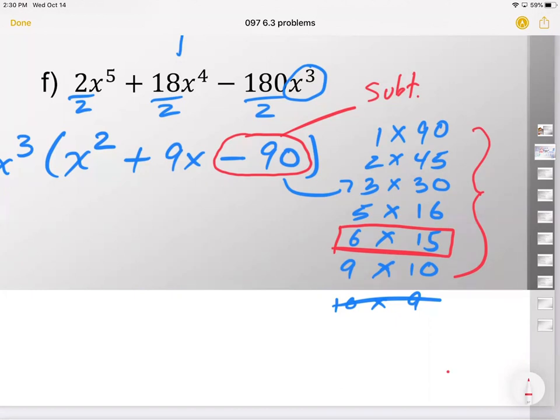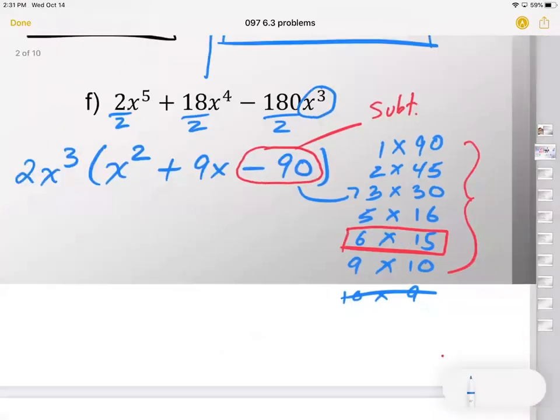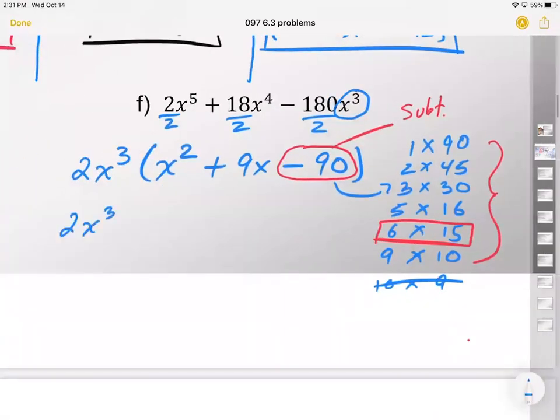If that were the case, then all we need to do is say 2x to the third, and we break down my x, and we put 15 and 6. Because 15 times 6 gives me 90, and because they are subtraction, one of them is positive and one of them is negative.